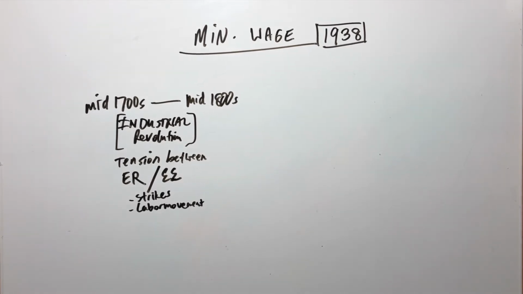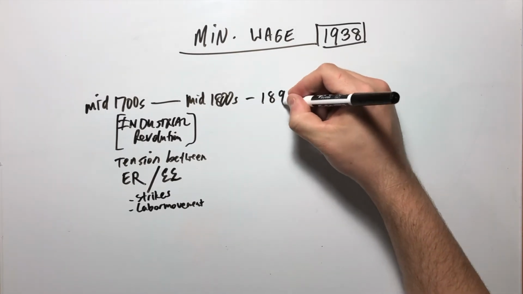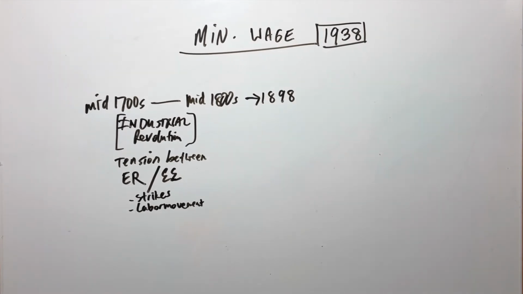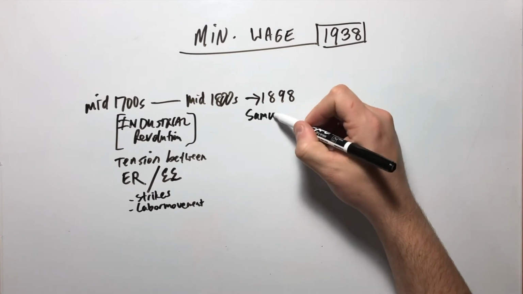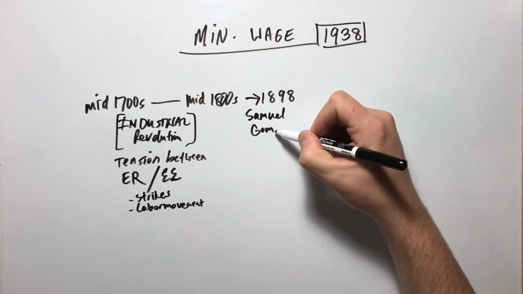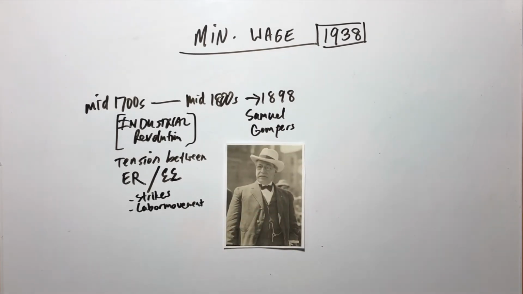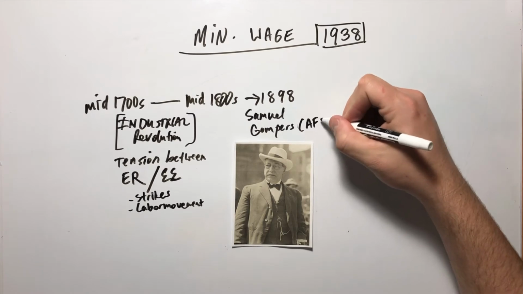And so, as we move forward in time, we get to 1898, right at the end of the 19th century. And in 1898, a guy by the name of Samuel Gompers, this dude right here, founded the American Federation of Labor.